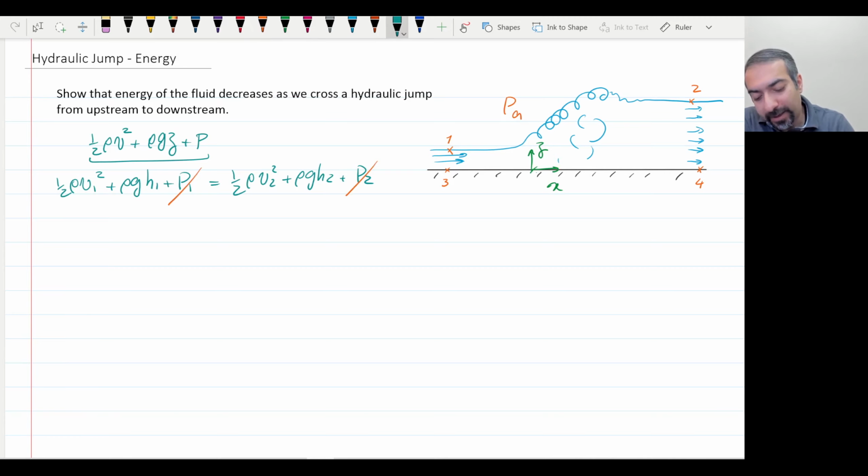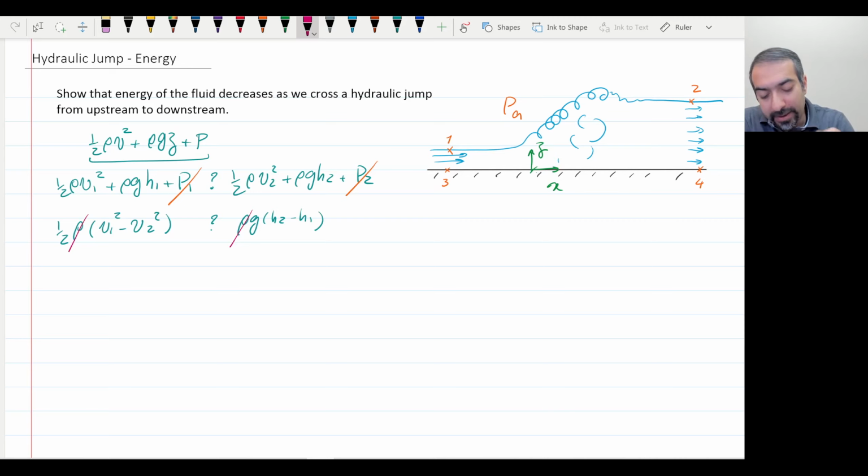And then I'm going to have 1/2 rho v1 squared plus rho g h1, and 1/2 rho v2 squared plus rho g h2. Before moving forward, I can do a little rearrangement. So it's going to be v1 squared minus v2 squared. Now, this is not an equality. I want to see what is the relationship here. So I want to compare this with rho g times h2 minus h1. And then again, I can just cancel the rho.